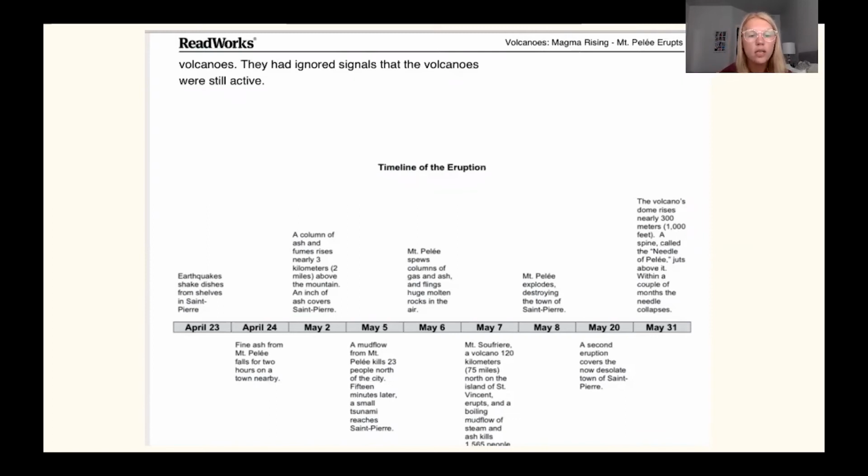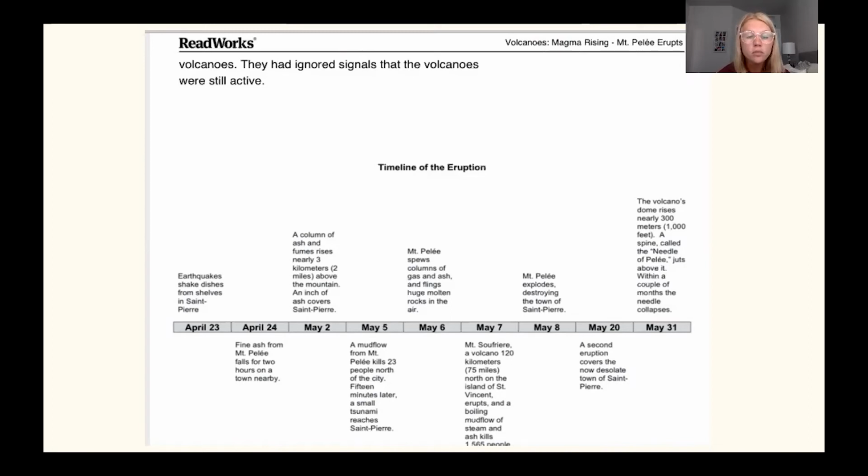On April 24th, fine ash from Mount Pelée falls for 2 hours on a town nearby. On May 2nd, a column of ash and fumes rises nearly 3 kilometers, 2 miles above the mountain. An inch of ash covers St.